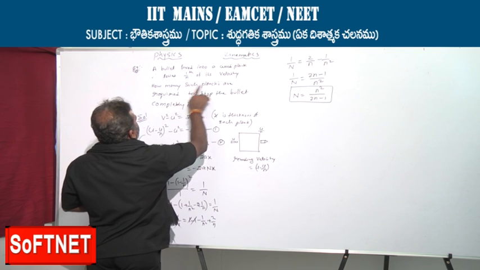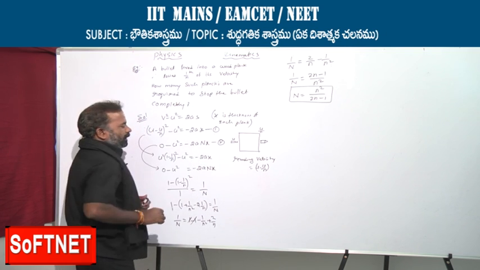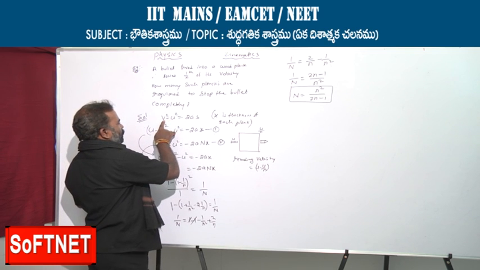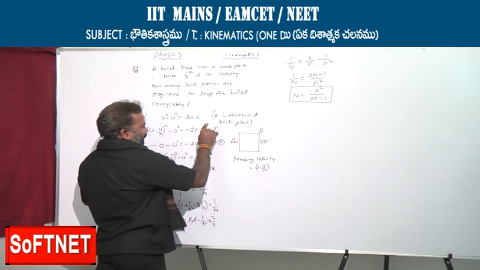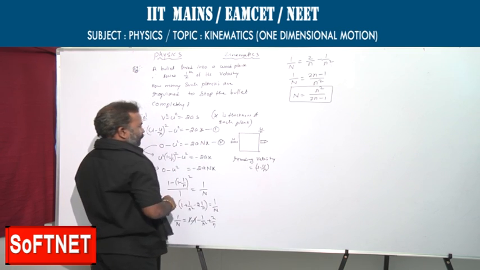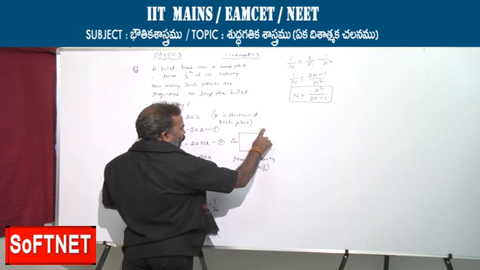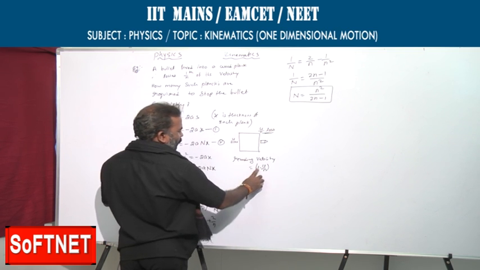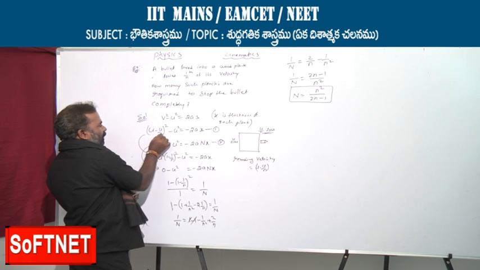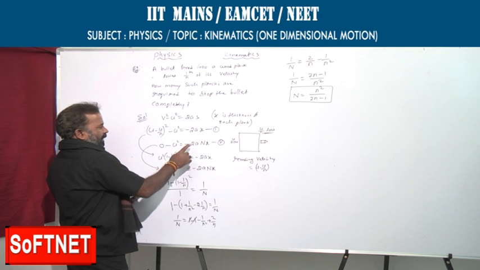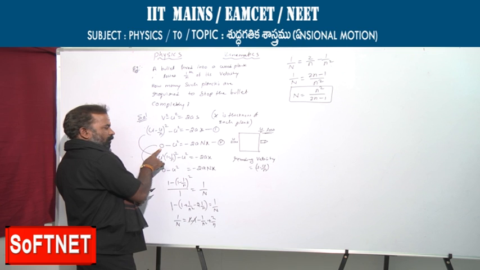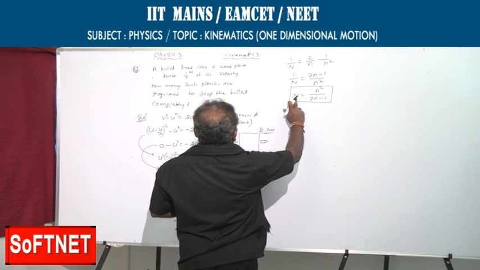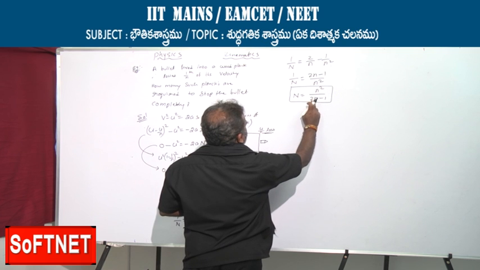How many such planks are required to stop the bullet completely? Final velocity, initial velocity, distance: there is a relation among these three. That's the reason I am using v square minus u square equals 2ax. Let us think x is the thickness of each plank. The bullet goes with velocity u. How much is lost? u by n is lost. So the remaining velocity is u minus u by n. Now final velocity square minus initial velocity square. Since it says to stop completely, finally the total should be 0. How many planks are needed? We simplified, and the number of planks required is n square by 2n minus 1.